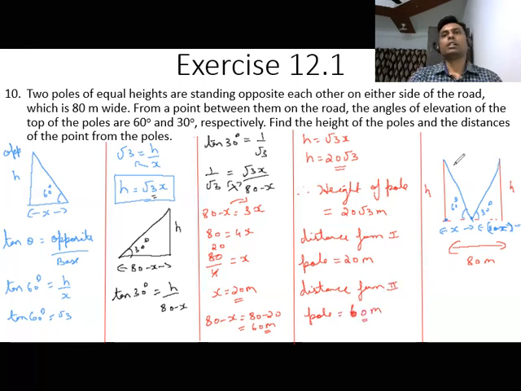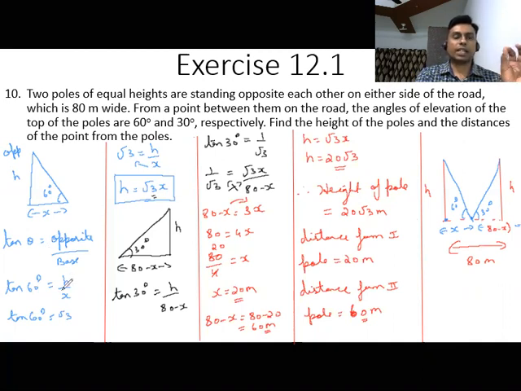So very simple. First you draw the diagram. First distance is x. The other distance is 80 minus x. If that is not clear, I will draw it again. 80 minus x, this is the second distance. So use the first diagram. Height of the pole is h, distance is x, angle is 60 degrees, opposite and base is tan.